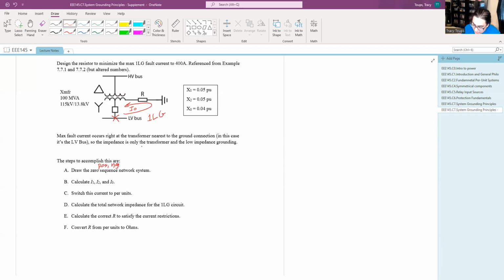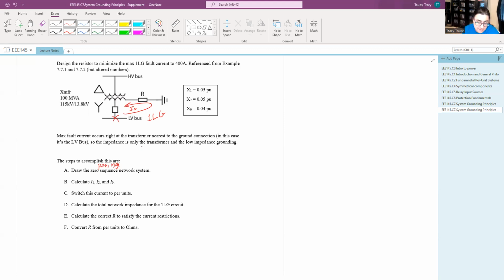We need to calculate what I1, I2 and I0 are going to be, because when you use sequence networks for fault analysis, you need the sequence components: I1, I2, and I0, the positive, negative, and zero sequence currents. We're going to have to switch this into per unit currents as well, because the transformer starts with per unit impedances, so we have to stick with the per unit system. Okay, that's C. D is we're going to calculate the total impedance of the single line to ground fault.